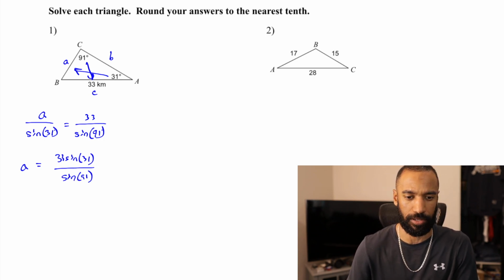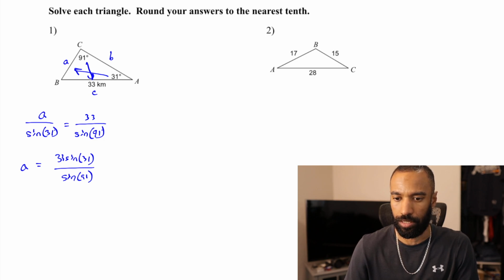I just popped up my calculator here, so let me fire that up right here. All right, so I need to make sure I'm in degrees for this one, because we're talking about degree values. And we are going to get 33 times sine of 31 over sine of 91.